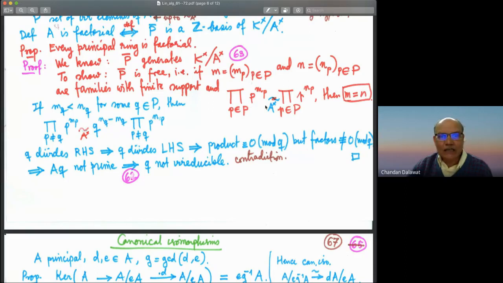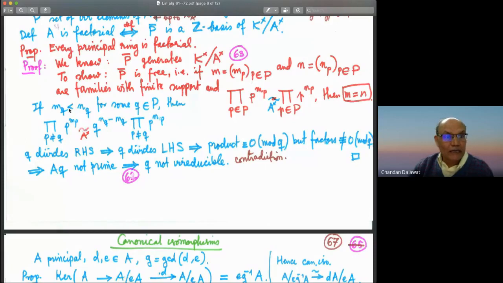This is not an equality, it's an equality up to a unit, but you can divide both sides of this relation by Q to the power MQ. Then on the left-hand side, there will be no Q anymore. Whereas on the right-hand side, you'll get Q to the power NQ minus MQ and the other factors which don't involve Q.